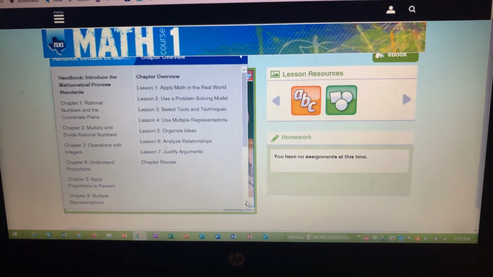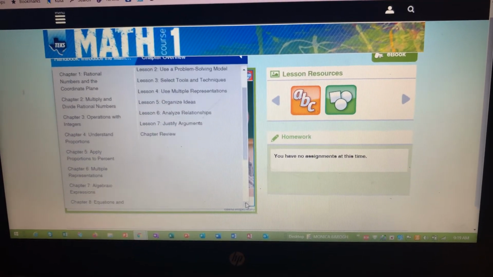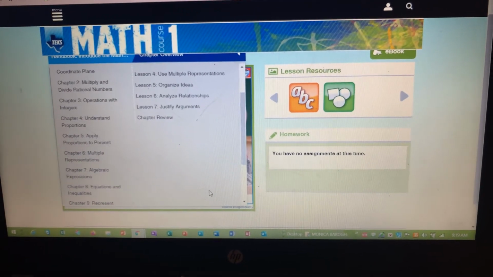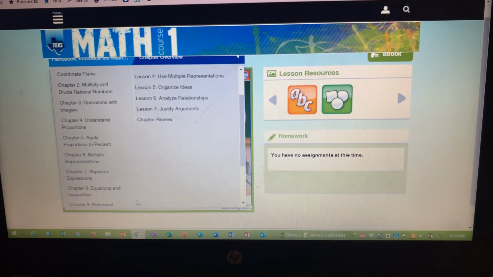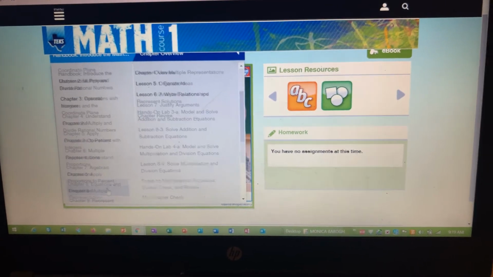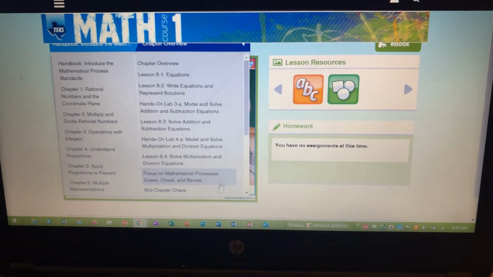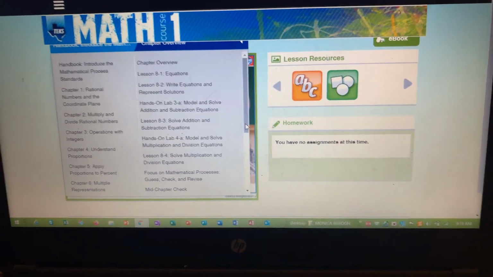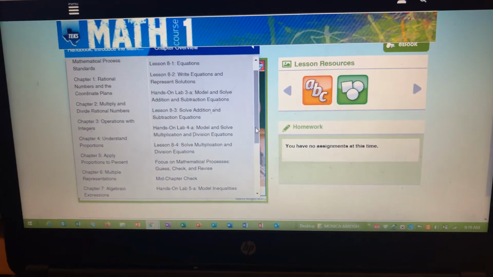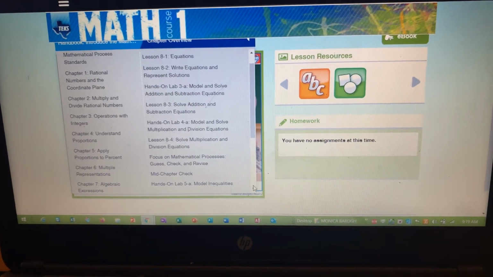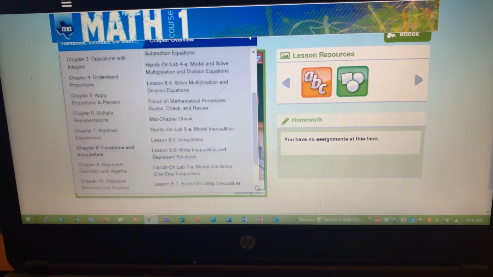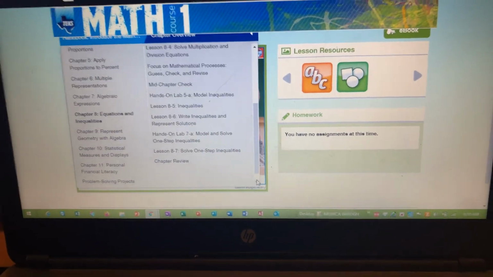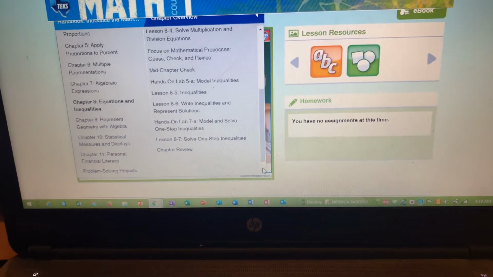Let's see if I can do this. So I'm going to click on Chapter 8, and we can go down to any of these last lessons, which would be really good practice for you.